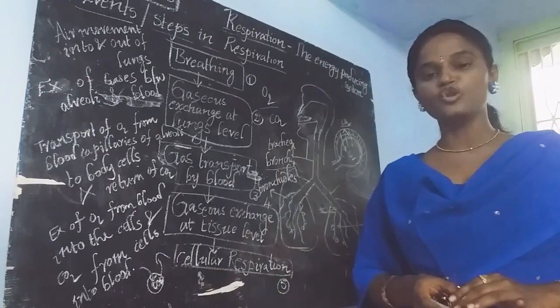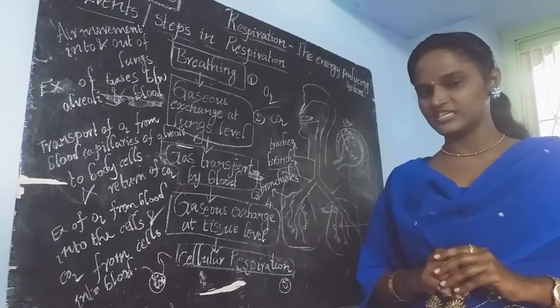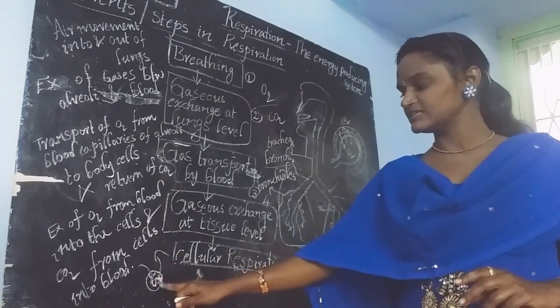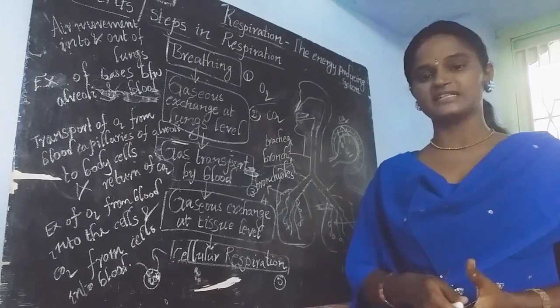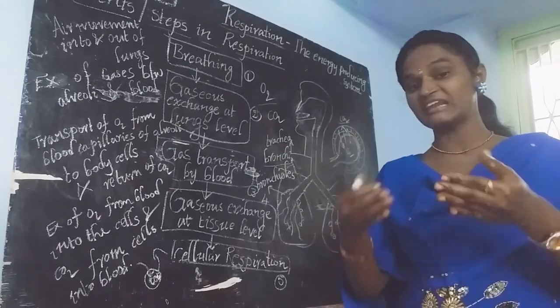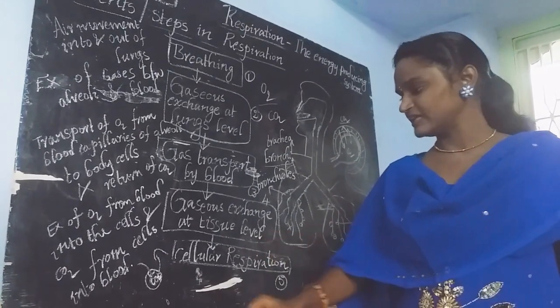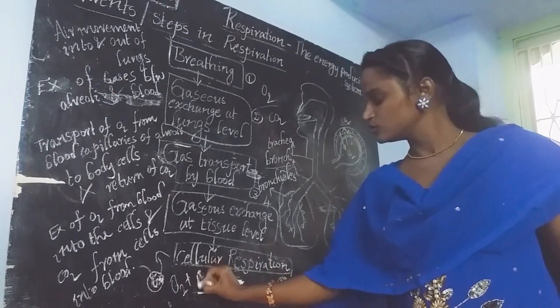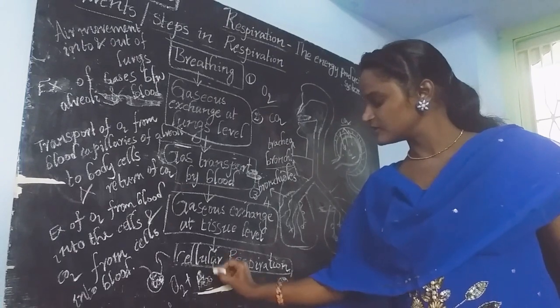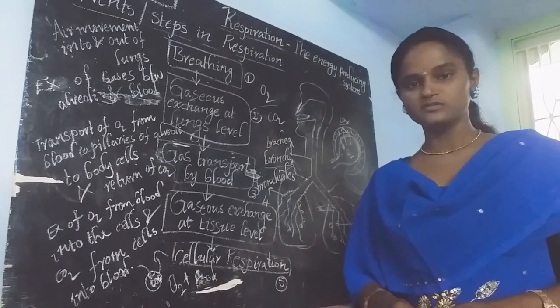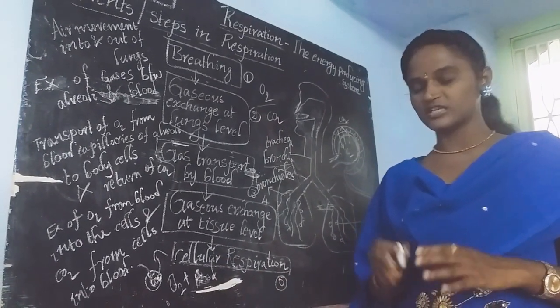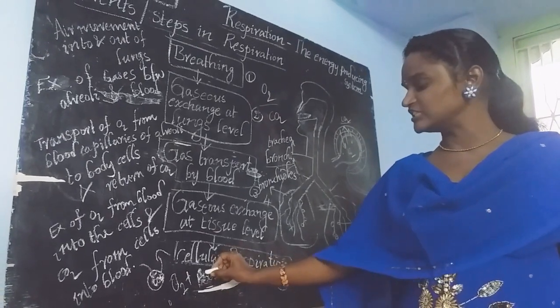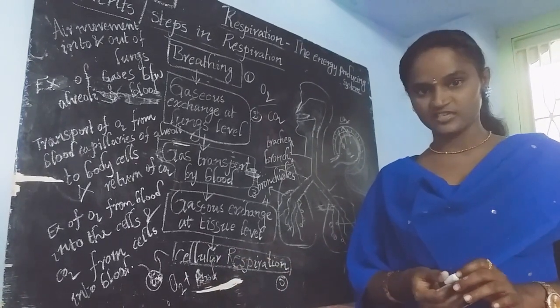Then move to cellular respiration. What happens here? Whenever the oxygen enters into the cell, it has the capability to break down food. It breaks down the food, complex molecules, it burns the food and releases energy.